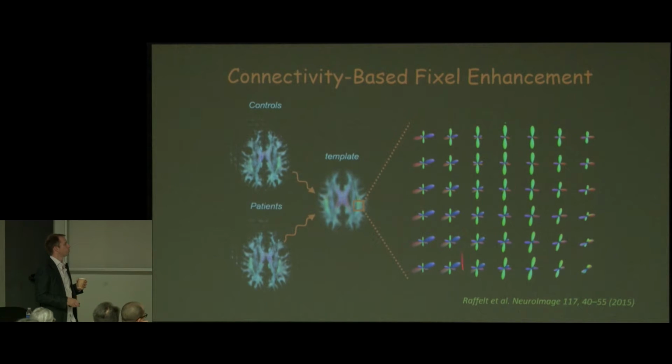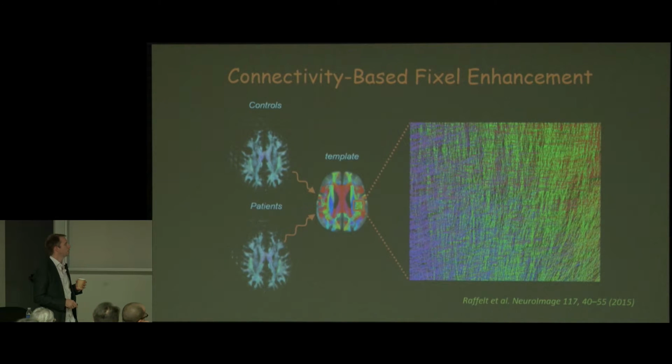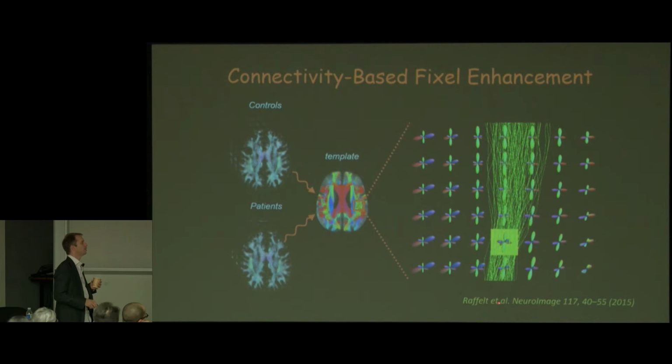You've got superior longitudinal fasciculus and commissural fibers from the corpus callosum. If we do whole brain tractography on the group average template and look at a particular voxel here, in fact a particular fixel, which is the anterior-posterior direction, and isolate all the tracts that match up with that direction, then you get these tracts coming out.